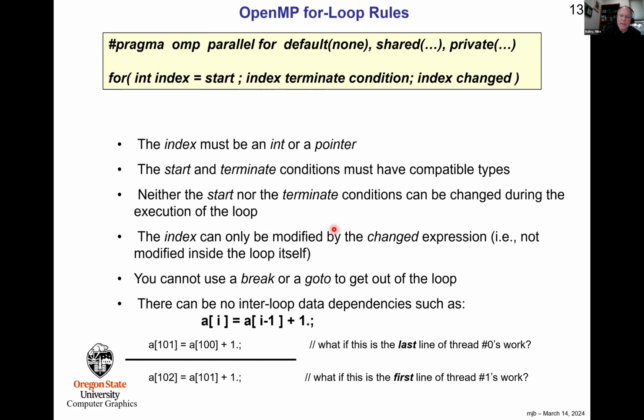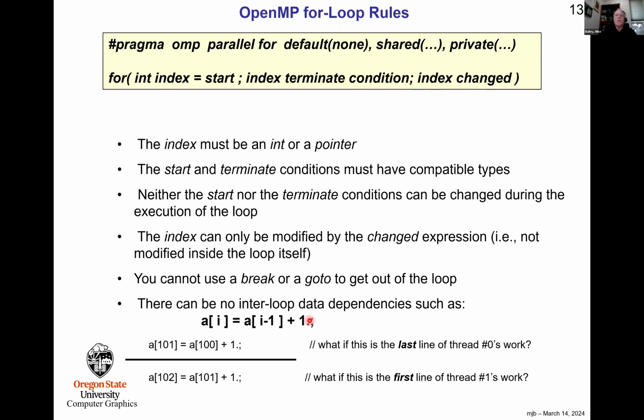Okay. The index can only be modified by this. So in the middle of the code, you can't say index plus plus. Okay. You can only change it here. There can't be interloop data dependencies. And this is an interloop data dependency.